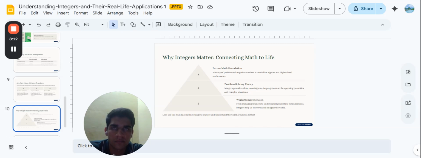So it is the basic thing to study to go for higher mathematics. And problem solving clarity. It is used to describe quantities and complex situations. Also world comprehension. From managing finance to understanding scientific measurements, integers help us interpret and navigate the world.